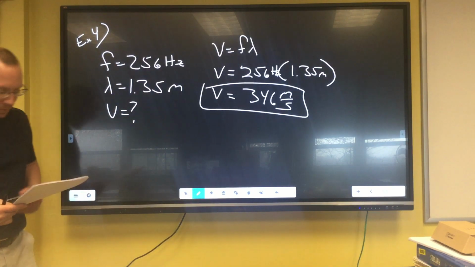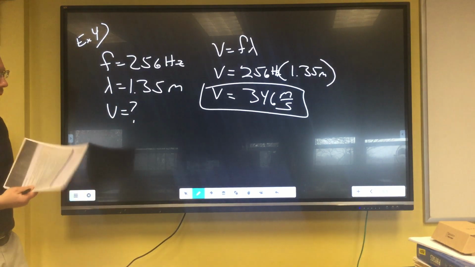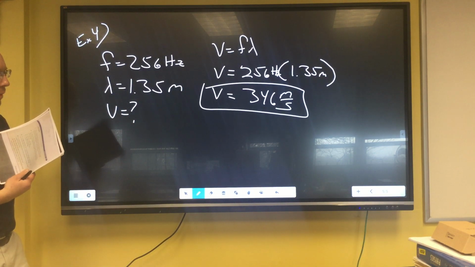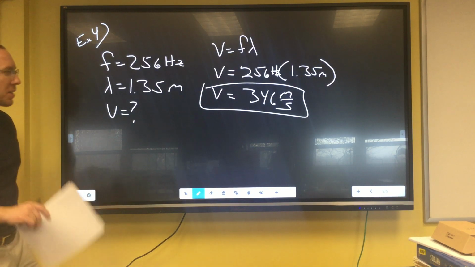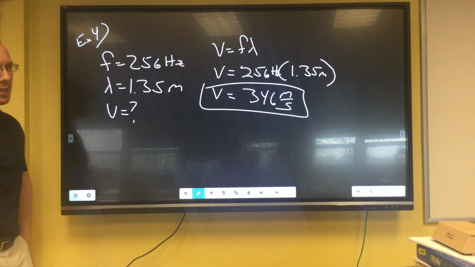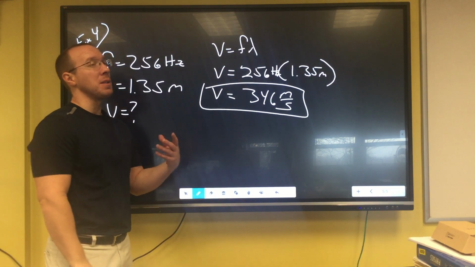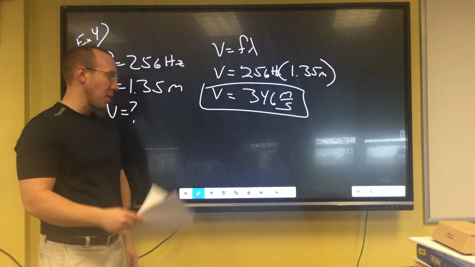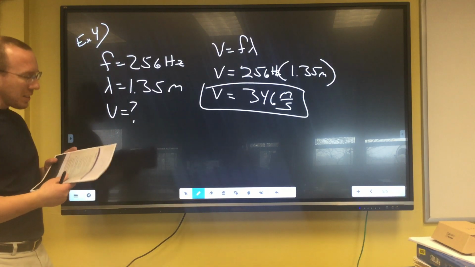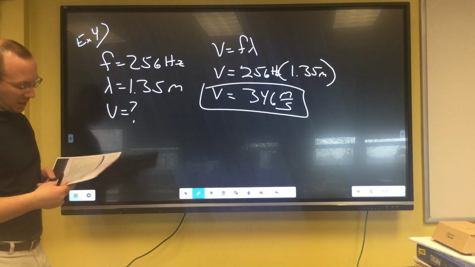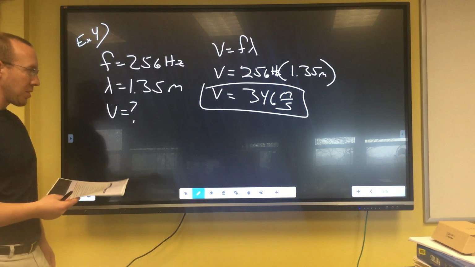Okay? So, if you recall in the other problem, it said that we're going to use 340 for the speed of sound in air. In this one, it comes out to 346. So the one thing we know is that the air must be a little bit warmer in this problem. And so this leads to another aspect of sound, which we haven't really got to yet, but I'll mention it now.